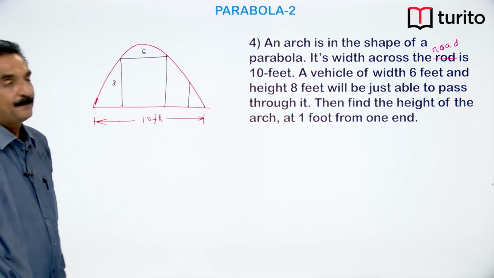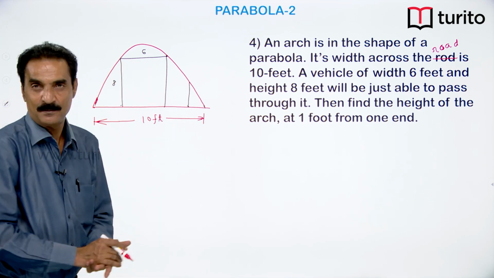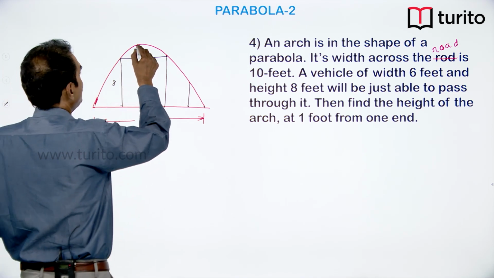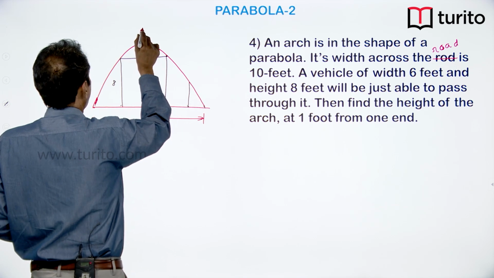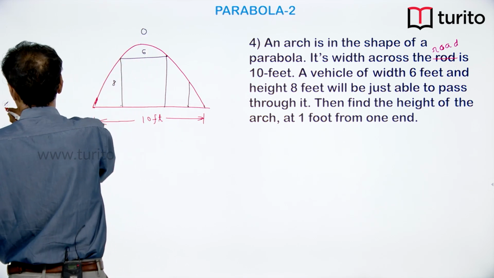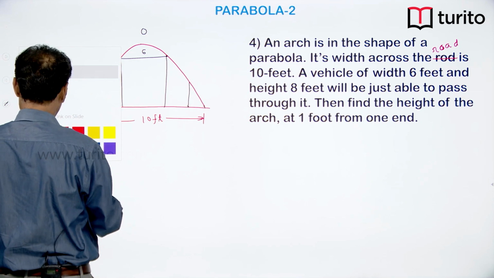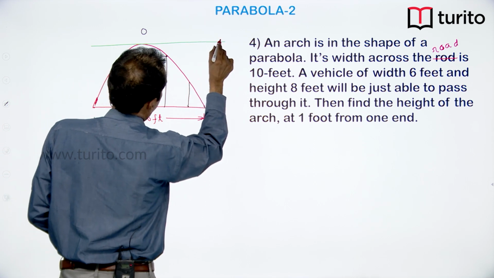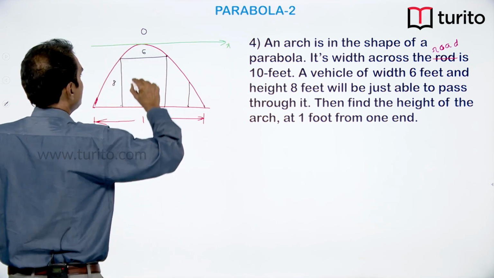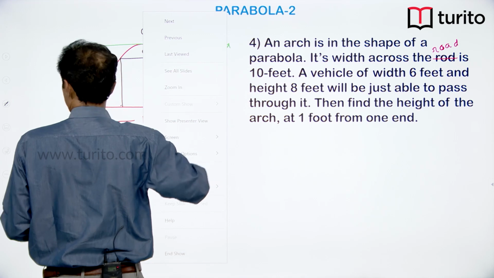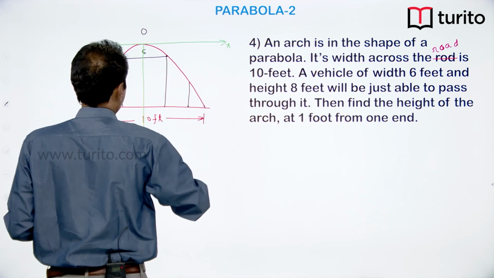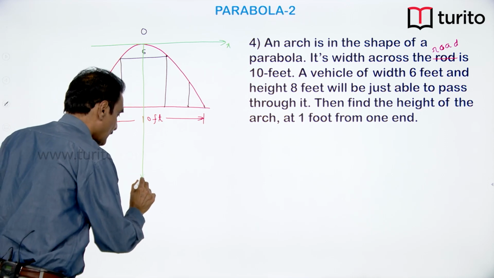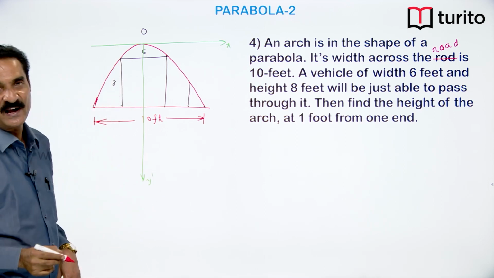What we do is, we assume that this is a standard parabola, but it is a downward parabola, no? So, let us assume that this is origin and let this be x axis and this be negative y axis, y dash.